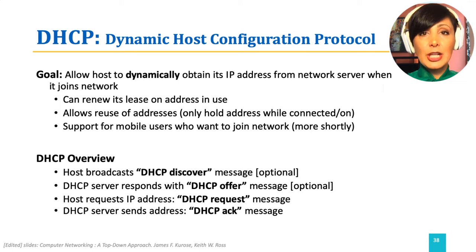DHCP discovery, where the host tries to find a DHCP server to get an IP address from. The host, at this step, broadcasts a DHCP discover message. This means that it sends the request to everyone in the network, simply because it does not know whom to send it.